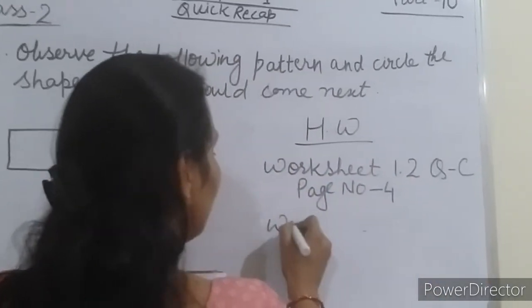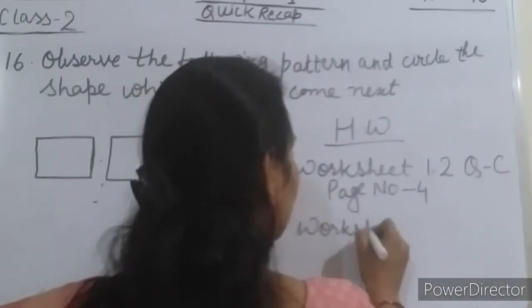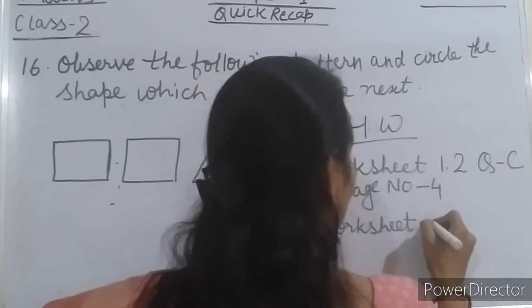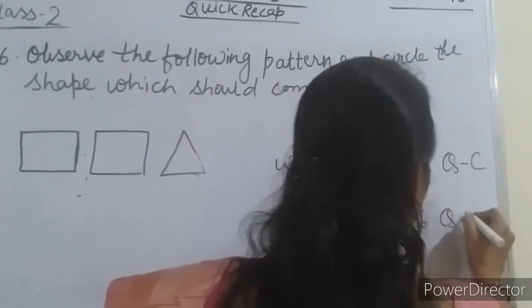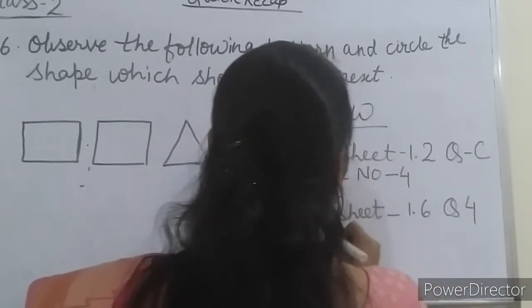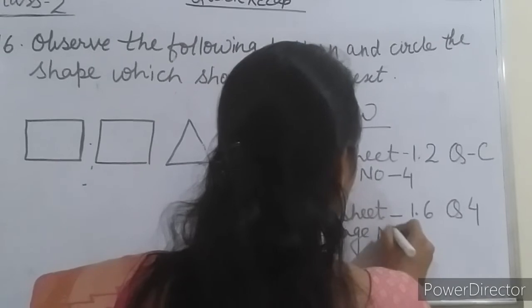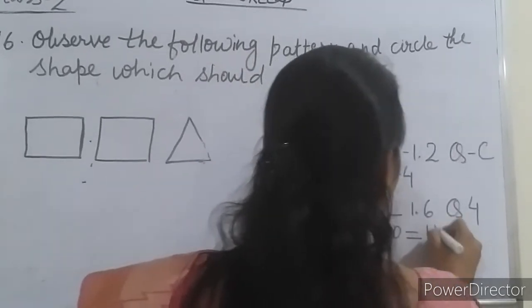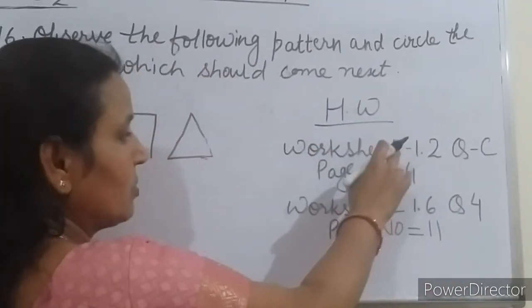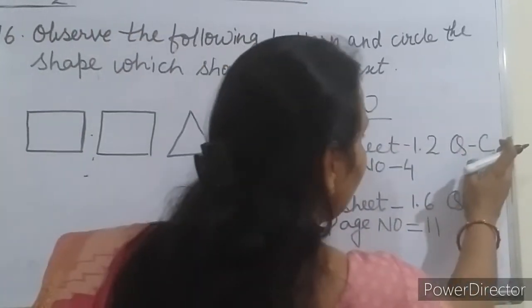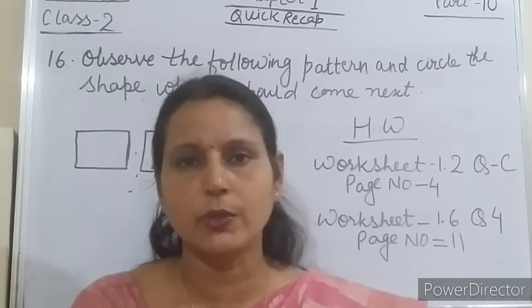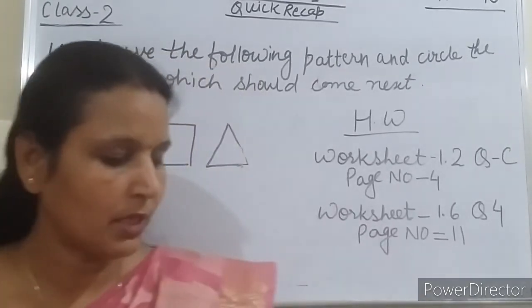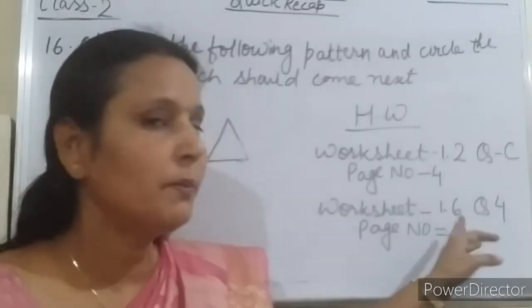One more homework I am giving you, worksheet 6, question 4, page number 11. This worksheet, students, I have given you for pattern, and this worksheet I have given you for money. At the end of this video, I will give you picture of your homework pages.